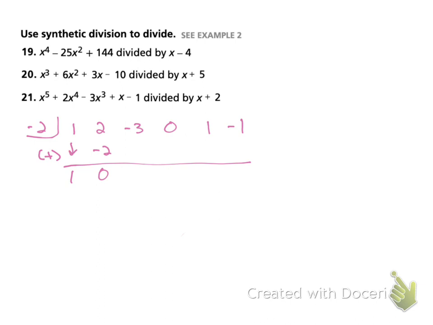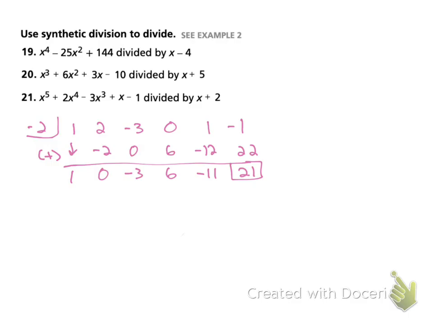Negative 2 times 0 is 0. Gives us negative 3. Negative 2 times negative 3 is 6. Gives us 6. Negative 2 times 6 is negative 12. So it's negative 11. That gives us 22, which gives us a remainder of 21.